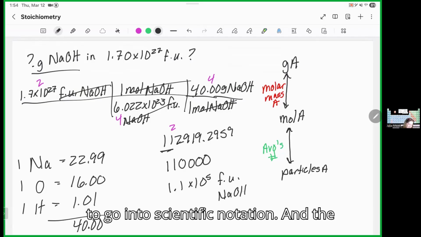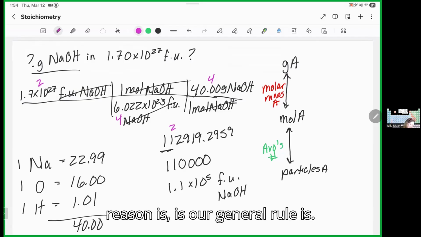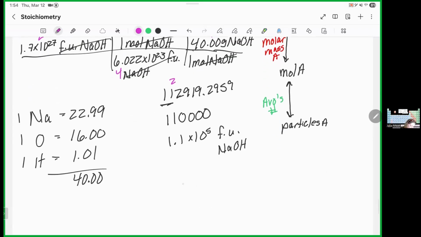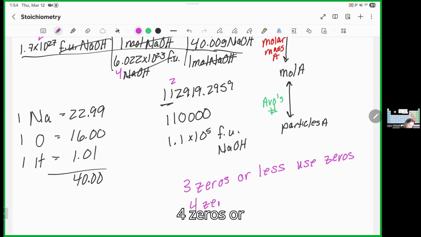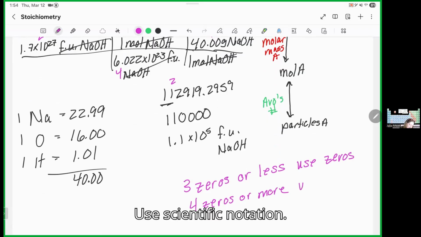The reason is our general rule is 3 zeros or less, you can just use zeros. 4 zeros or more, use scientific notation.